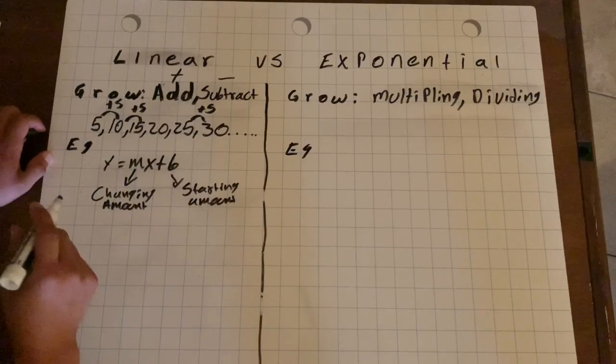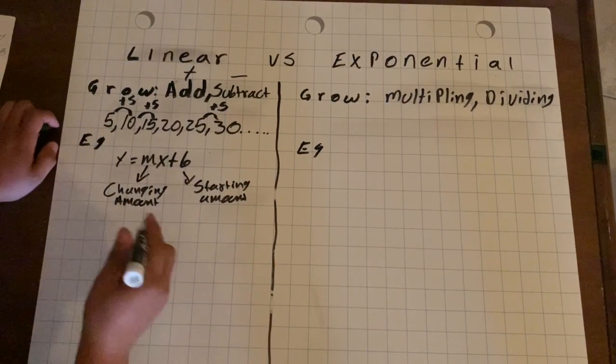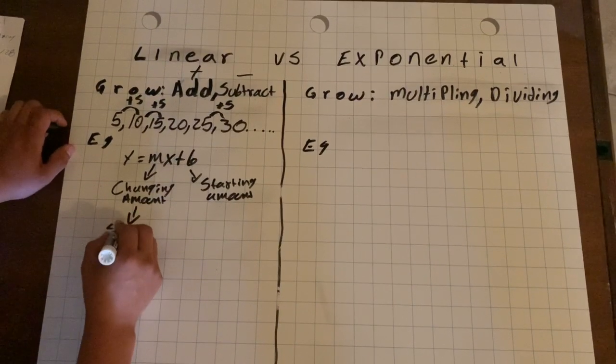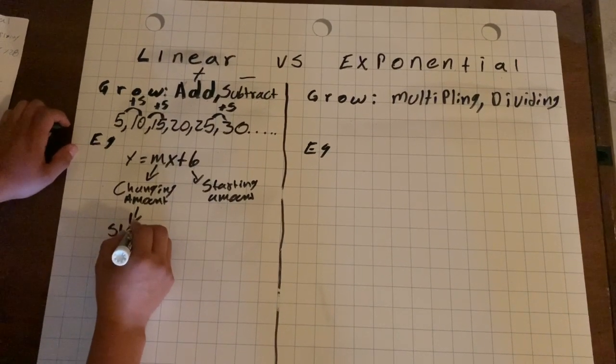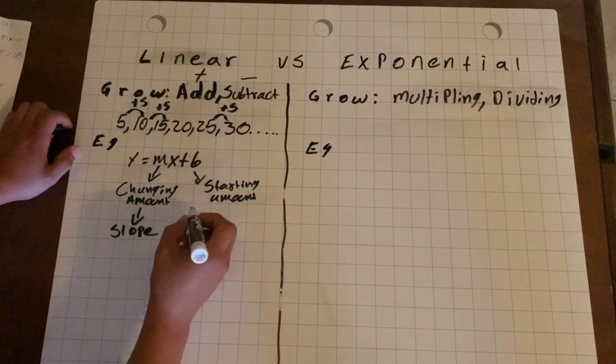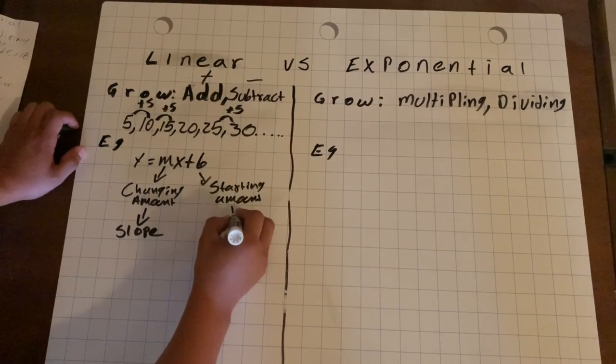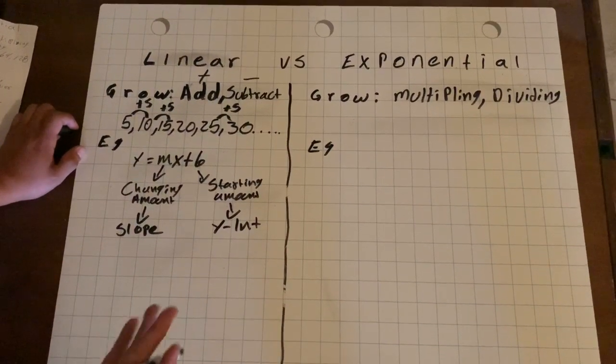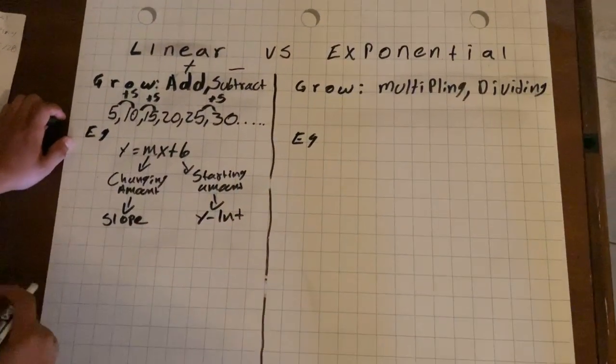The m, the changing amount, is also known as the slope. It's also known as the slope. And the b, the starting amount, is also your y-intercept, so you can understand why.